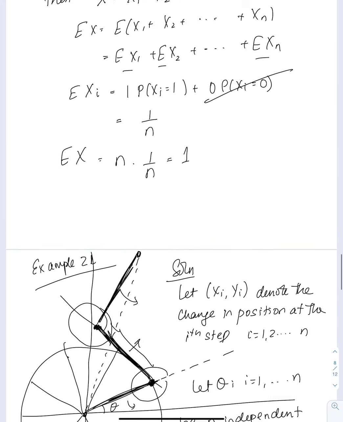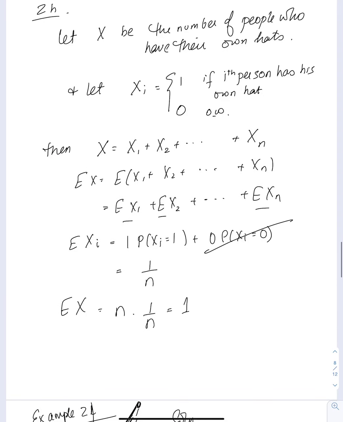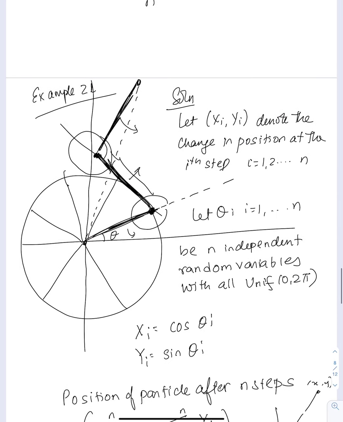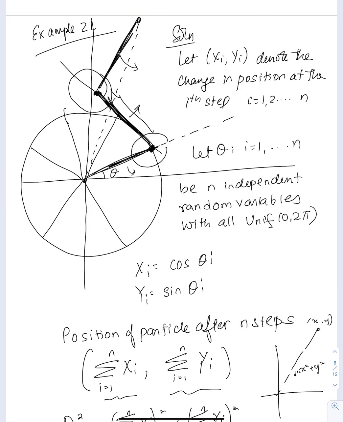The indicator random variable property is very nice to use many times when you're counting. That's a good way to do it: breaking up a problem into the aspects you have. The distance is not changing, so you are ending up on a circle of radius 1, and then you use cosine and sine. Using that makes many of these problems much easier.